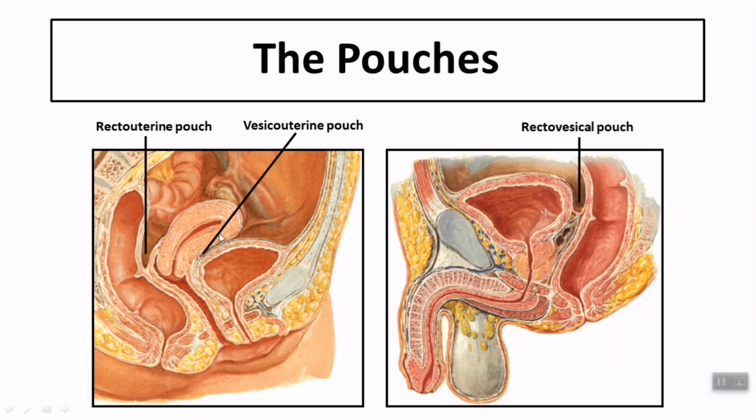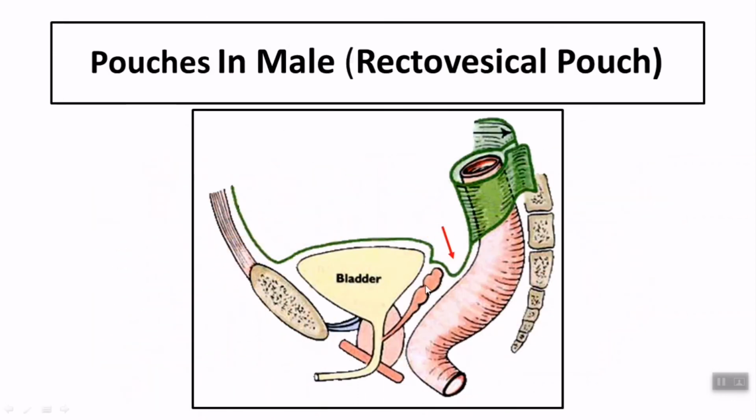Anterior to the uterus, the peritoneum is reflected onto the superior surface of the urinary bladder. This is called the vesicouterine pouch. In males we have just one pouch, called the rectovesical pouch, between the rectum and the urinary bladder.